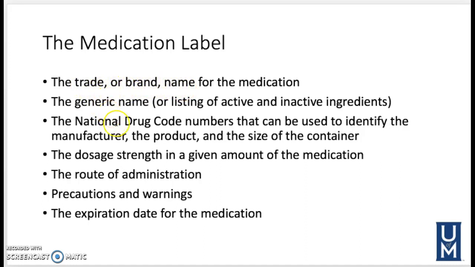Its generic name is actually acetaminophen. So you can buy just generic acetaminophen and you're getting basically the same thing as that trade or brand name Tylenol. So I just want to throw that out there on the medication label that sometimes you'll see two names and one is usually the brand or trade name and the other is the generic name.